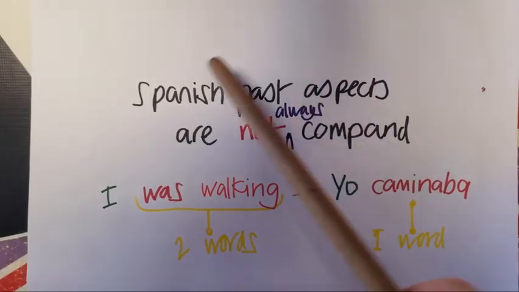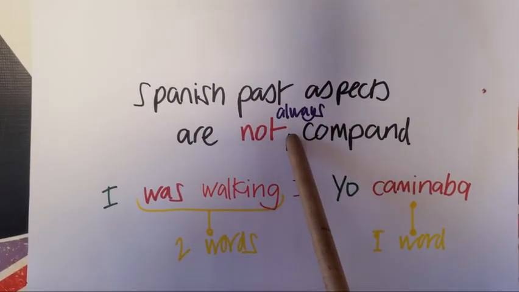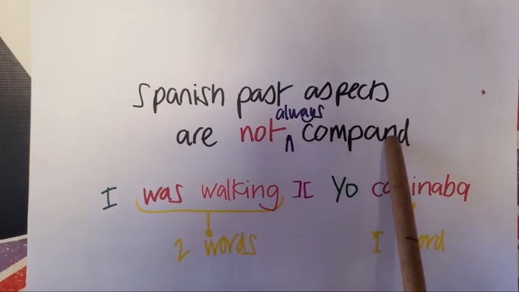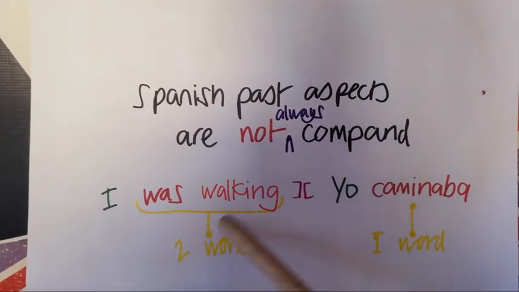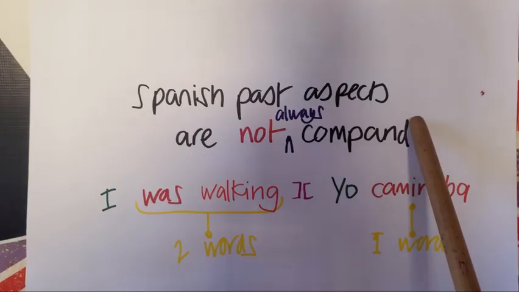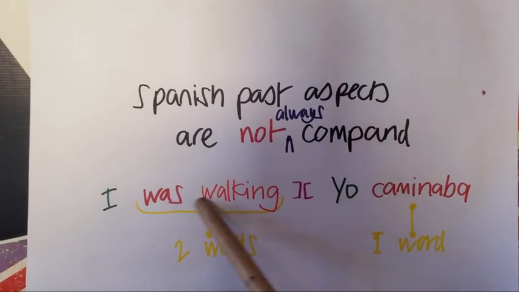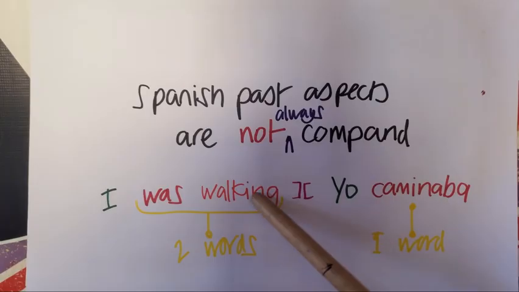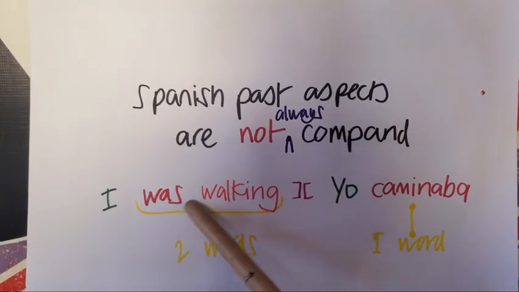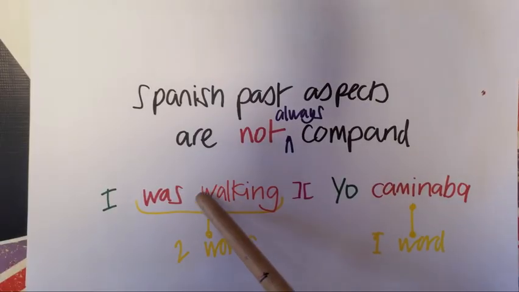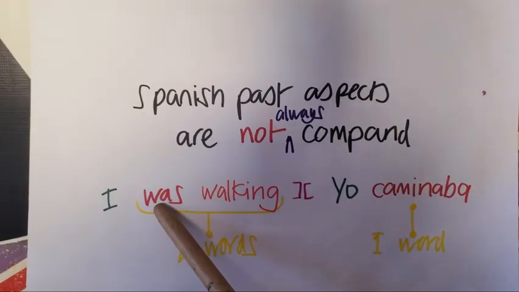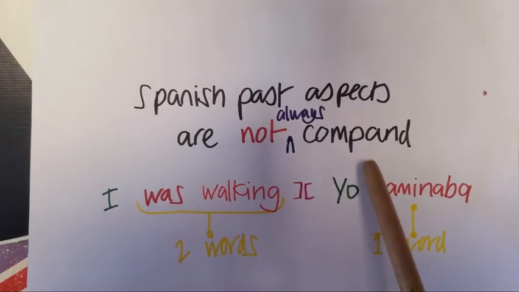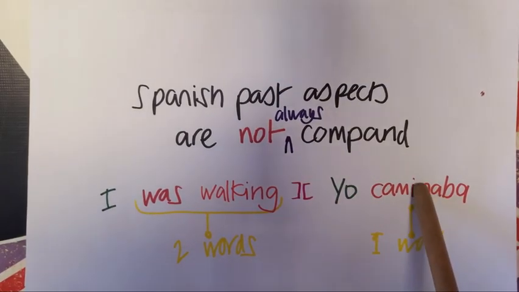So Spanish past aspects are not always compound. I've explained to you just now what an aspect is. If I want to say I was walking, was walking is a verb phrase. These 2 bits together help to form the past progressive, which we call the imperfect, if you like. In Spanish, they just say yo caminaba.